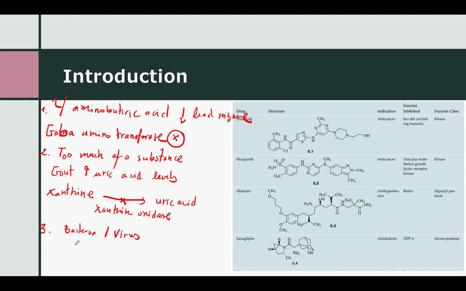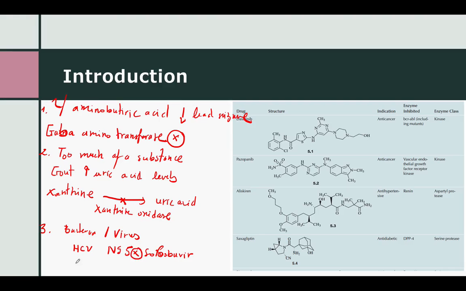For instance, in the case of HCV, HCV has a non-structural protein 5, NS5, and there's a drug on the market called sofosbuvir. I'm probably going to misspell this name, but I believe that's what it's called, and it inhibits NS5.